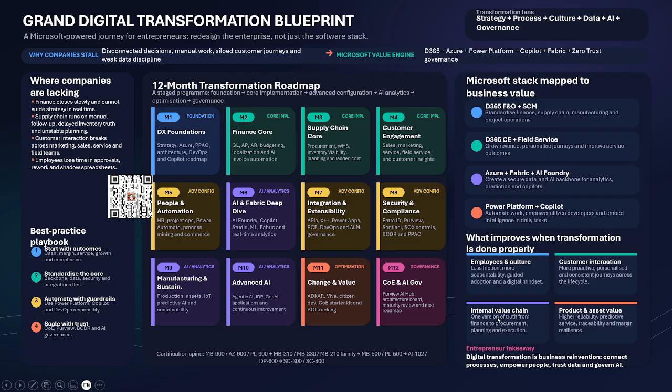Internal value chain: one version of truth, because data is the same everywhere, wherever you see the data, from finance to procurement, planning and execution. Product and asset value: higher reliability, predictive services, traceability and margin resilience.